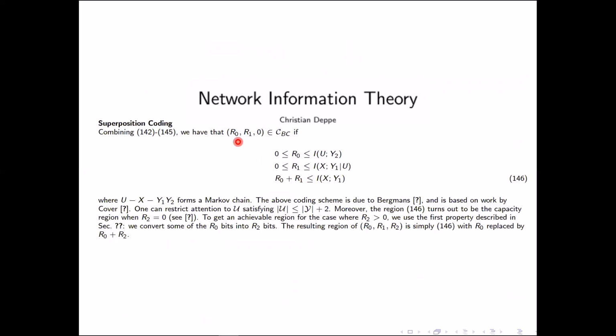The rate triple (R0, R1, 0) is achievable in the capacity region if it holds that R0 is between 0 and the mutual information between U and Y2, R1 is between 0 and the mutual information between X and Y1 under the condition U, and the sum R0 plus R1 is less than or equal to the mutual information of X and Y1, where U, X and the joint distribution of Y1 and Y2 form a Markov chain.